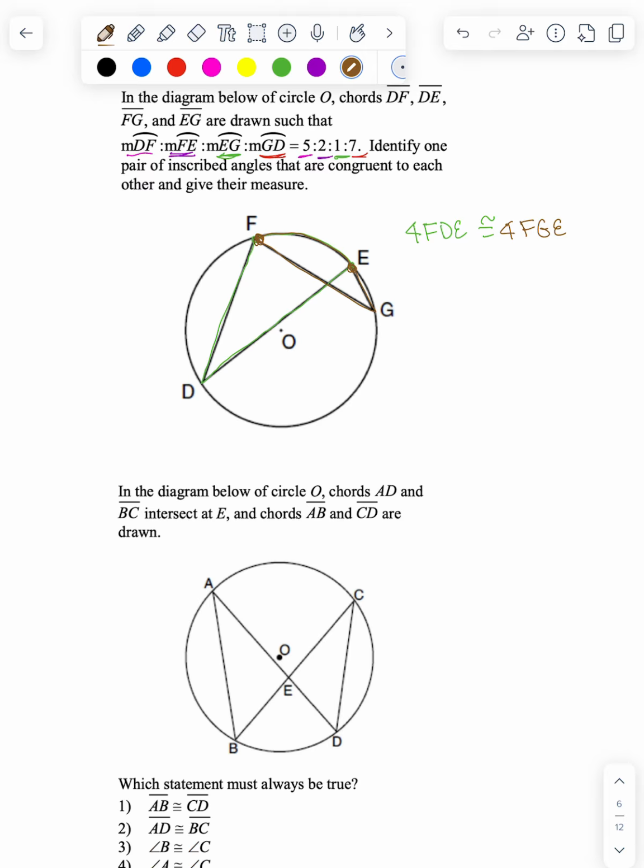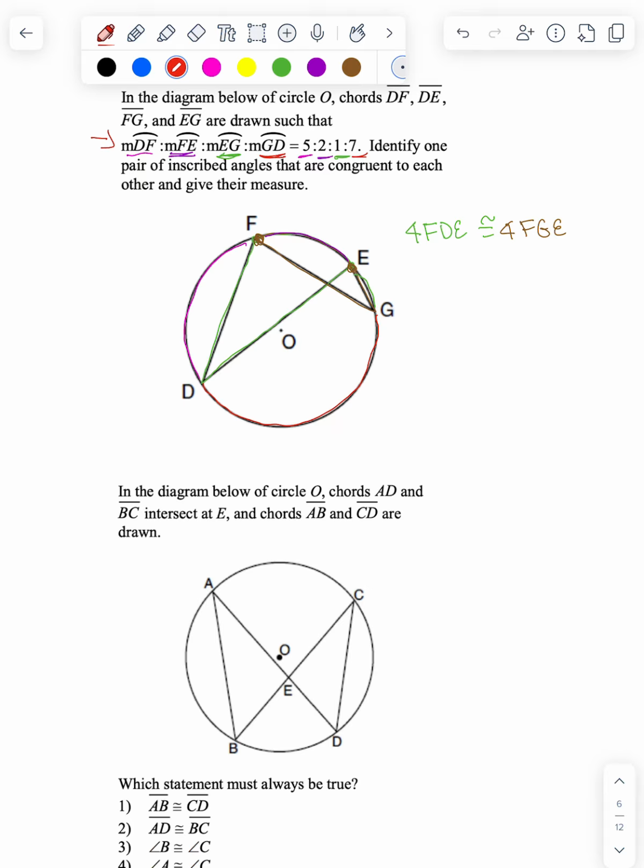Now let's work on finding their measurements. So arc DF is here, arc FE is here, arc EG is here, and arc GD is here. Altogether, all the arcs that they gave us in the ratio make the whole circumference of the circle, which is 360 degrees if we go the full way around.